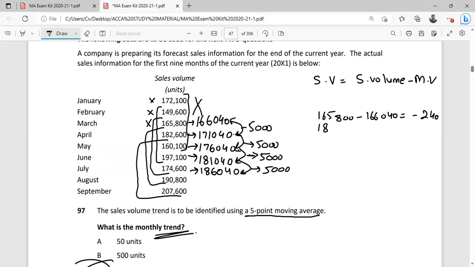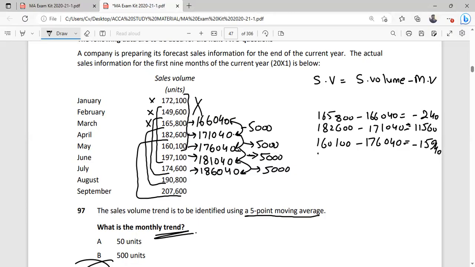Then 182,600 minus 171,040, it is positive 11,560. Then we have 160,100 minus 176,040, minus 15,940.